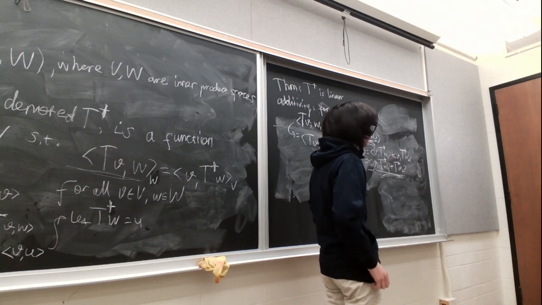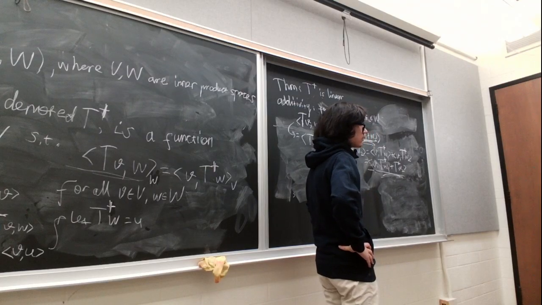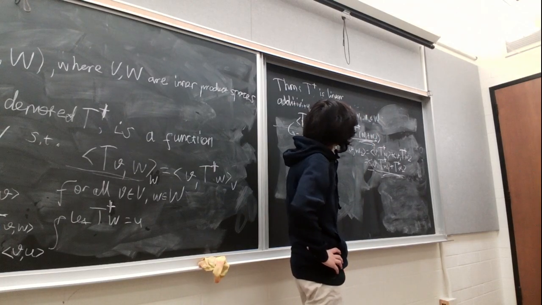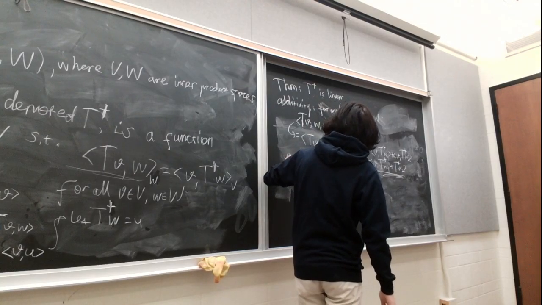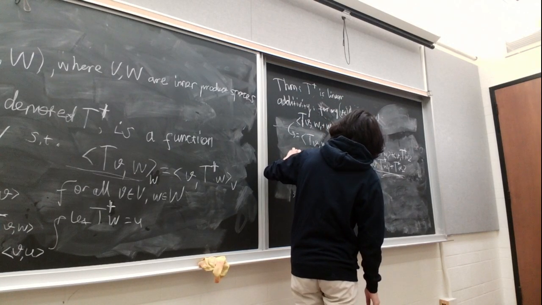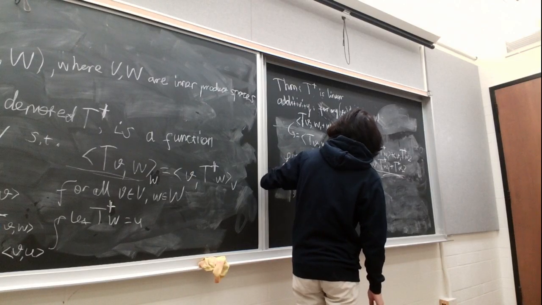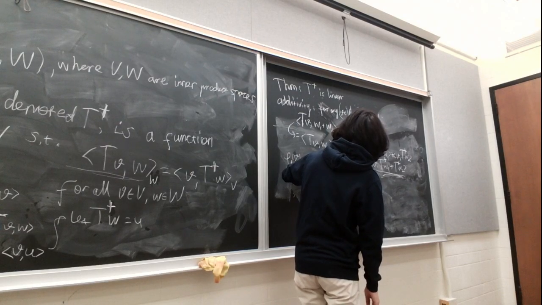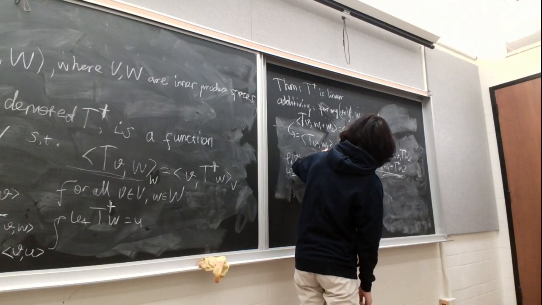Okay. So sorry, the point I'm trying to make is he showed that V inner product T star of something is equal to V inner product T star plus T star. Right? That's what he showed. But why does this necessarily imply that T star of W1 plus W2 is indeed equal to T dagger W1 plus T dagger W2?